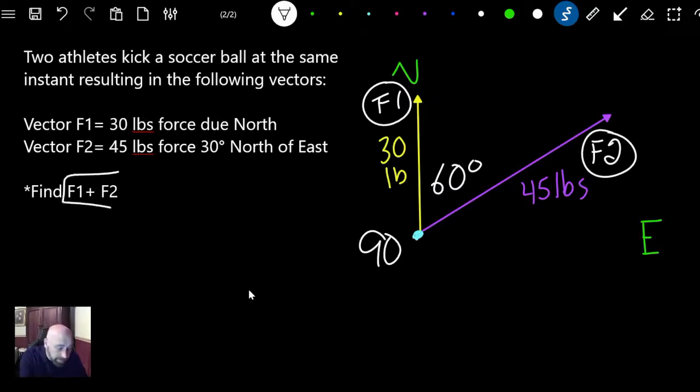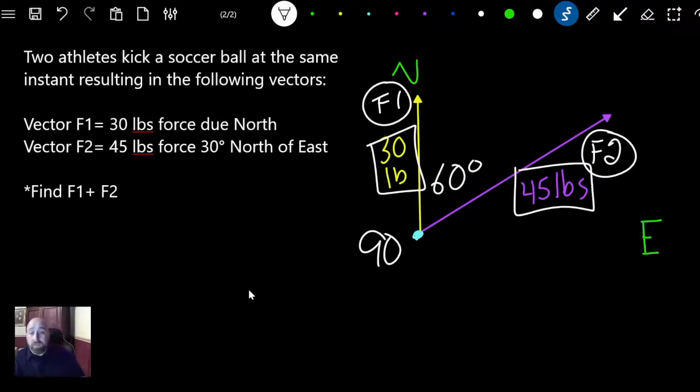So we want to add these two together. Well, we can't just add 30 plus 45 and put that answer down, because that's not the way it works, because, again, we're not going in the same direction. Now, if we were going in the same direction, that would be fine. That would work. No big deal.